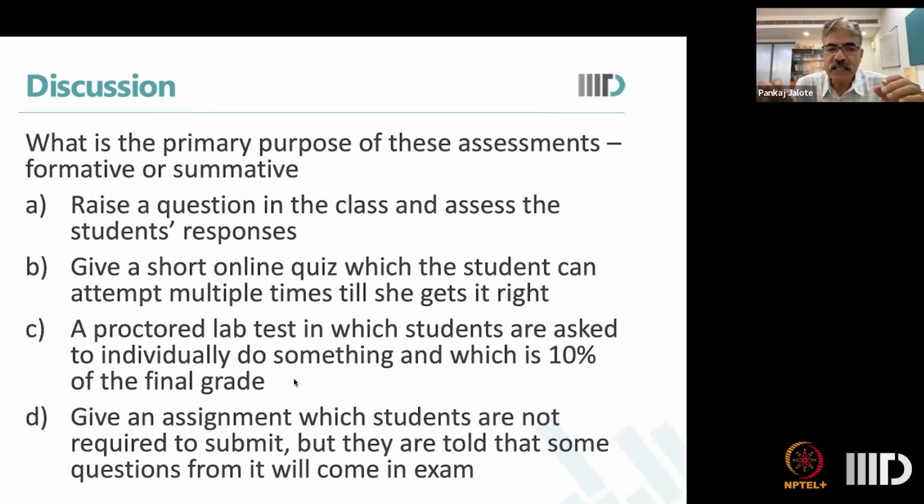But by saying that there will be some questions in the exam, without giving it any marks, you are hoping to ensure that they will actually do the assignment, even though they're not required to submit and there are no marks. So they would learn. And since there are 0 marks, they can discuss and get inputs from anyone. So presumably feedback will come from there. So it is a style of formative assessment.